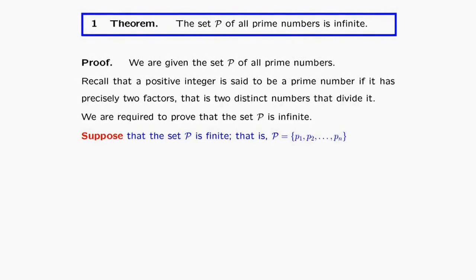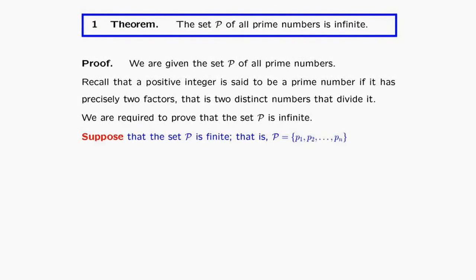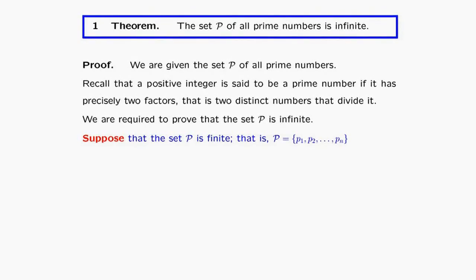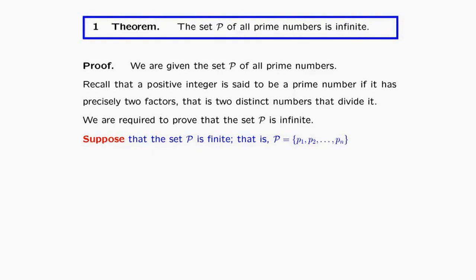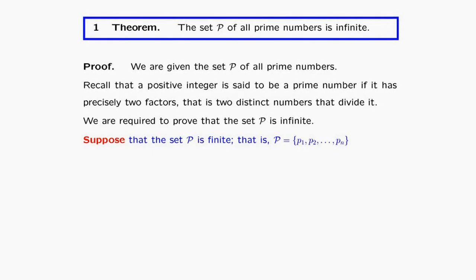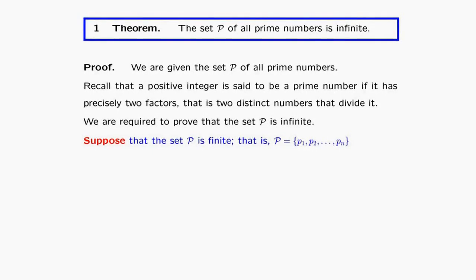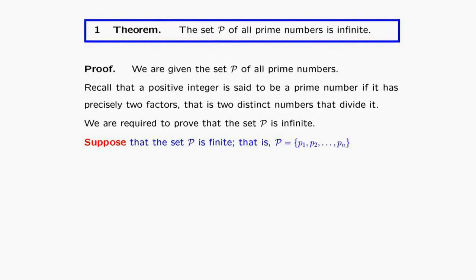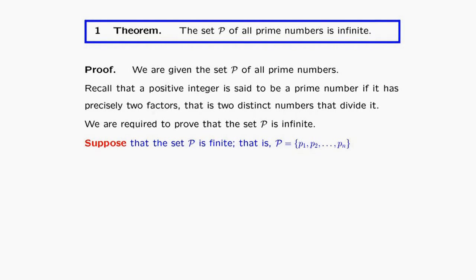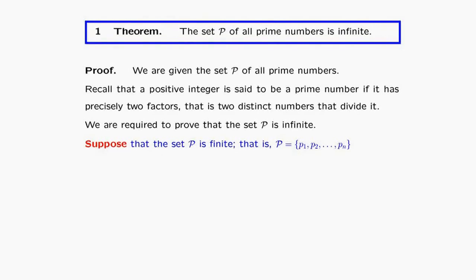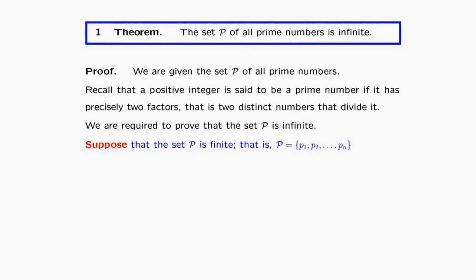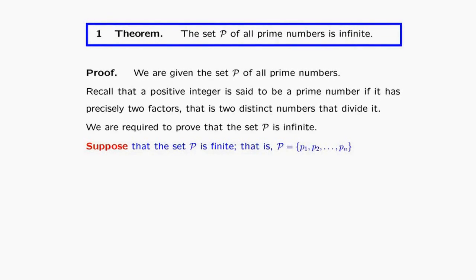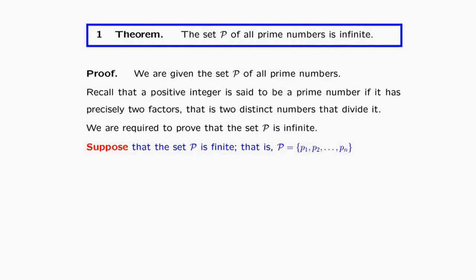What we have to do next is not at all obvious. The strategy, however, is clear. We have supposed that some result is true. We now wish to deduce from that supposition a result which we know to be false, and thereby have a contradiction and deduce that our supposition must be wrong.